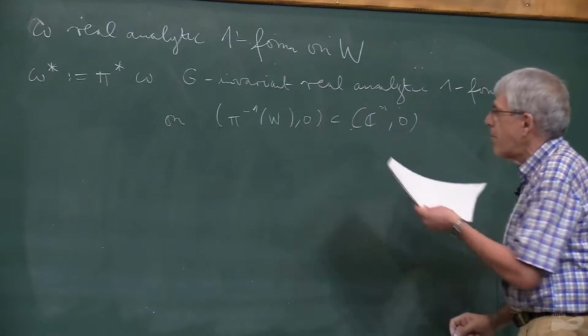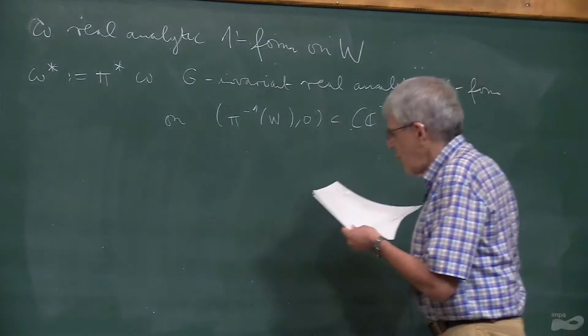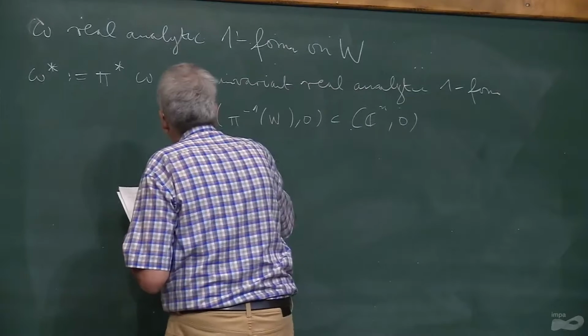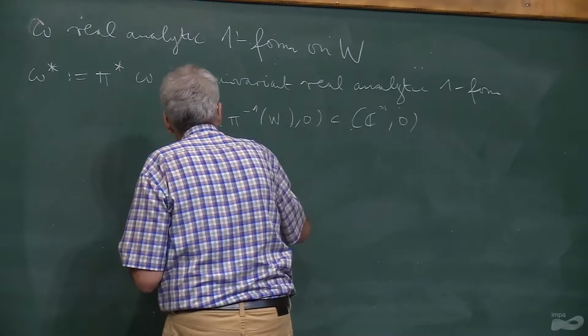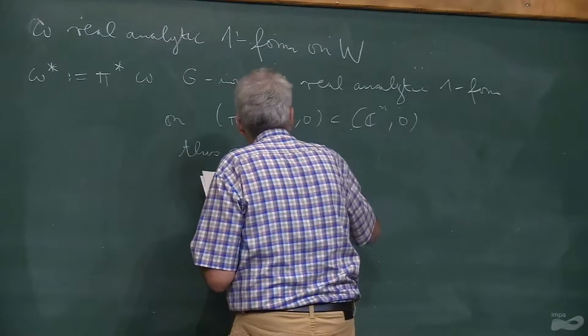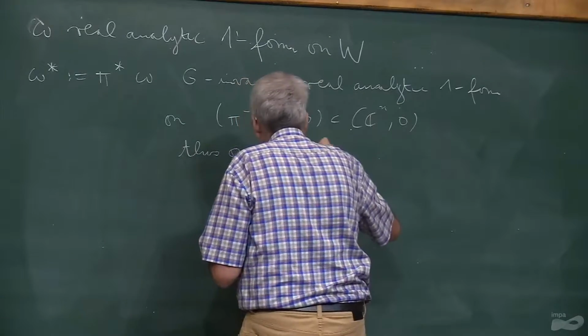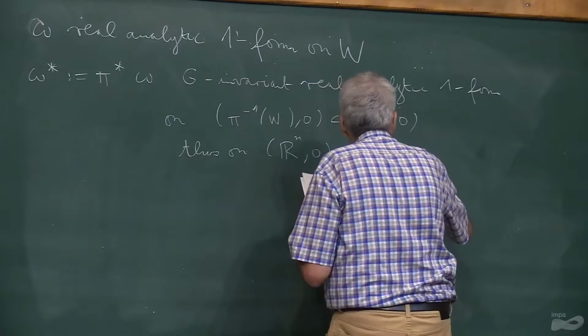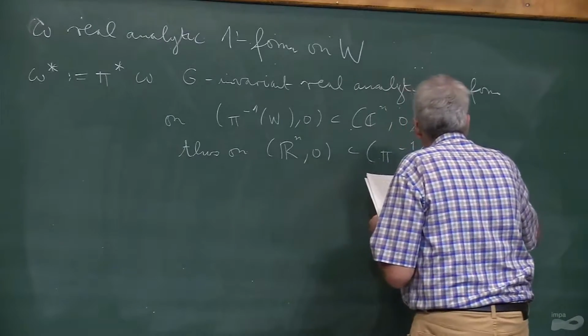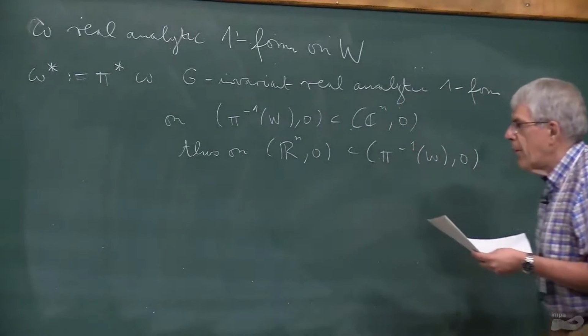But inside pi inverse of W there's Rn sitting, so thus it is a G invariant form on Rn inside pi inverse W, 0.